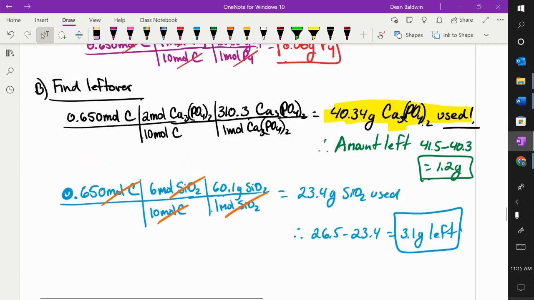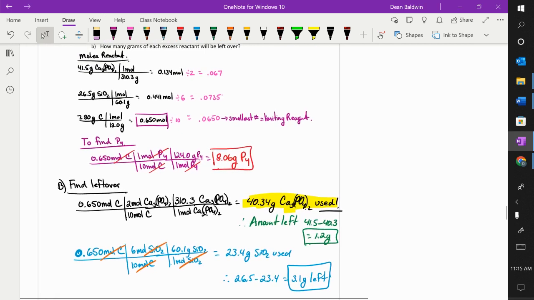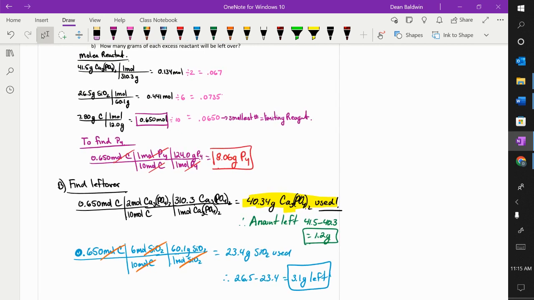So the first step, these are long questions. First step is figure out the moles of the reactant. Divide by the coefficient. The lower of all those numbers is the limiting reagent. You then use that to find how much product, doing a stoich reaction. If they ask for the amount left over, use that moles, the mole bridge in the equation, to get how much you used.